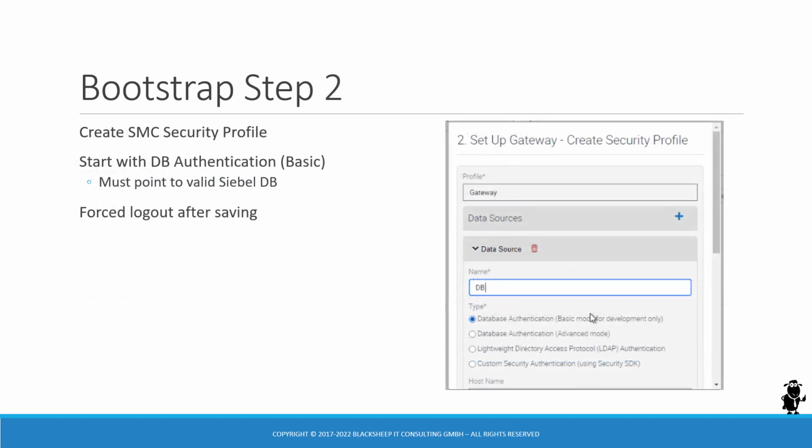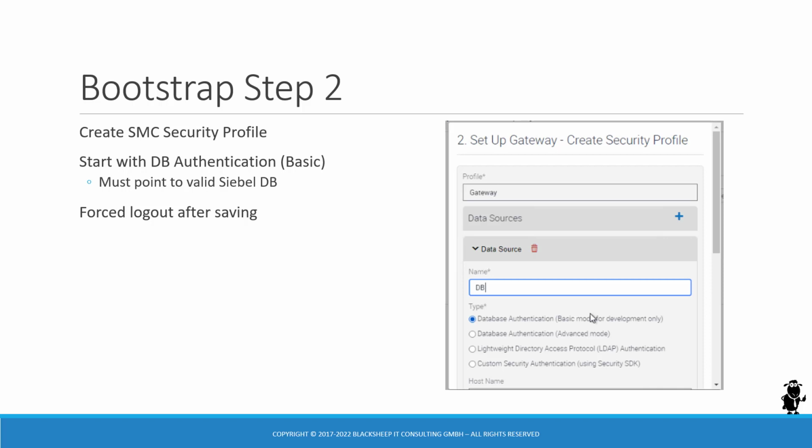This is what you see after completing the first step. You will be prompted to set up the gateway and create the security profile. This security profile is the profile that the gateway will use to authenticate logins. So for example, if you log into Server Manager, this is the security profile that's going to be used.